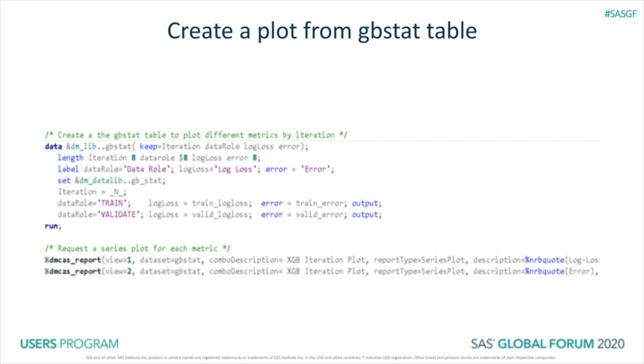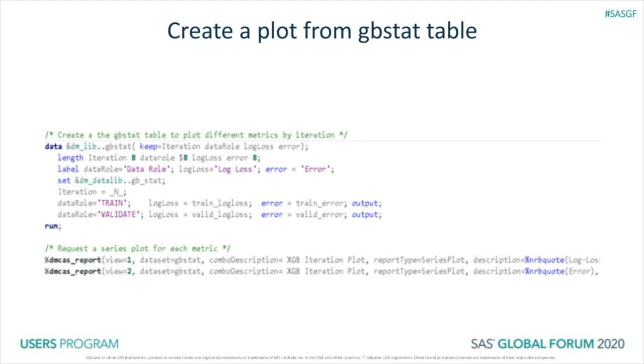The new variable data role identifies if the statistic is a training or validation value. The log loss and error variable contains the metric value corresponding to the iteration and the data role. The DMCAS report macro gives users the ability to create more interactive reports than just images and tables.